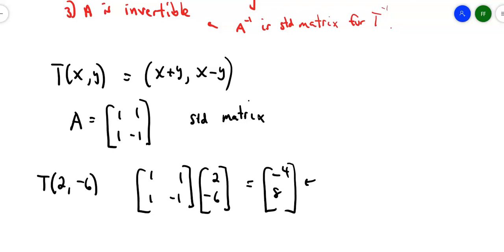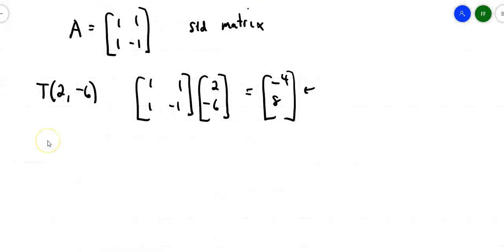Then what's the inverse? Well, first of all, we have to find out if A has an inverse. Take the determinant of matrix A. 1 times negative 1 is negative 1, minus 1, so negative 2. Yes, it has a determinant that's not equal to 0. It must be invertible.